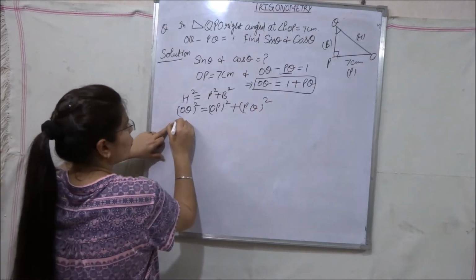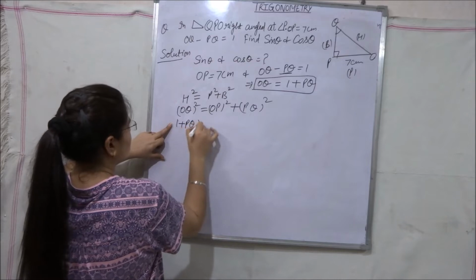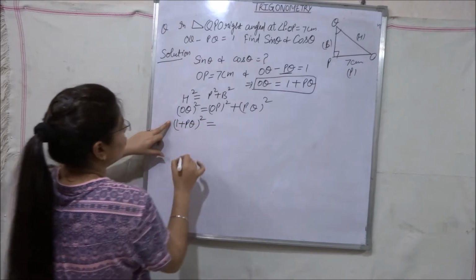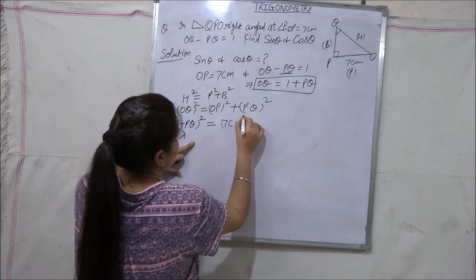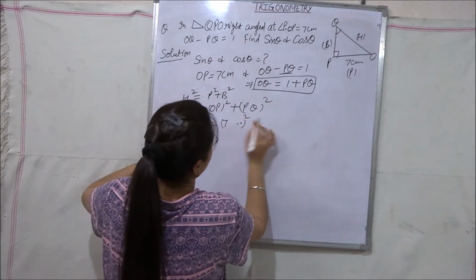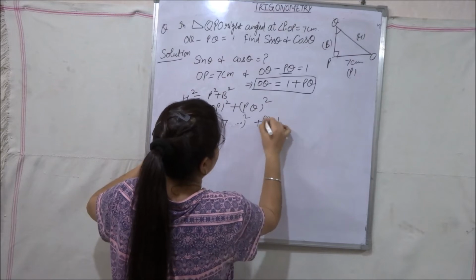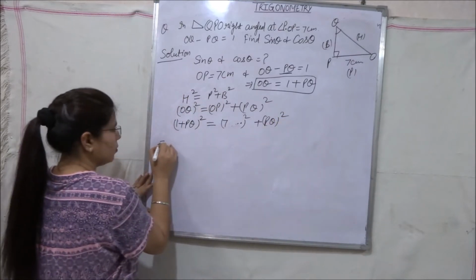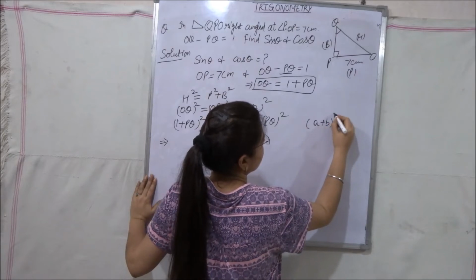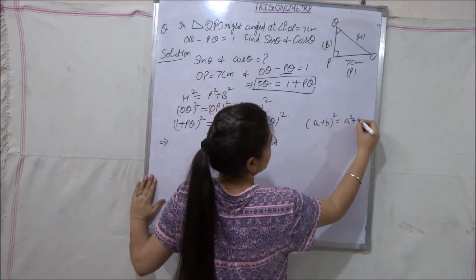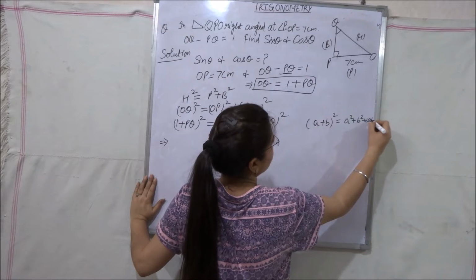The value of OQ is 1 plus PQ and the value of OP is 7. Now we have an identity in algebra: a plus b whole square is equal to a square plus b square plus 2ab.